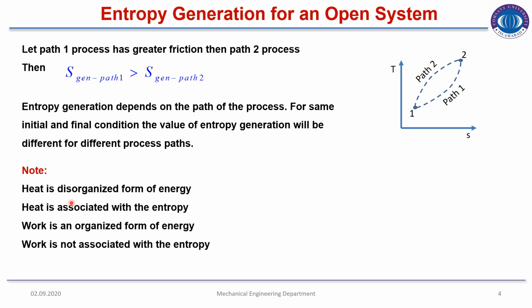The concept of disorganization of energy we have discussed in the second law of thermodynamics. So the term entropy is directly linked to that disorganization of energy. Whenever the term heat is mentioned, there will be an entropy term directly linked to it.